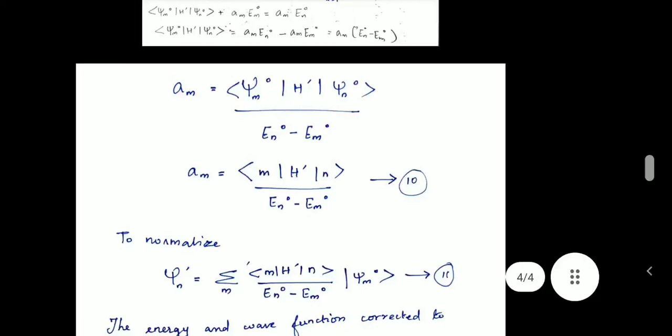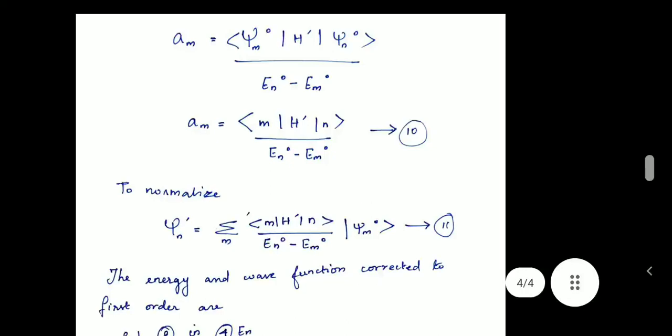To normalize this, first we multiplied it by bra vector of psi m naught. So to normalize, we have to do it with ket vector of psi m naught. So after rewriting everything, we are normalizing the function.